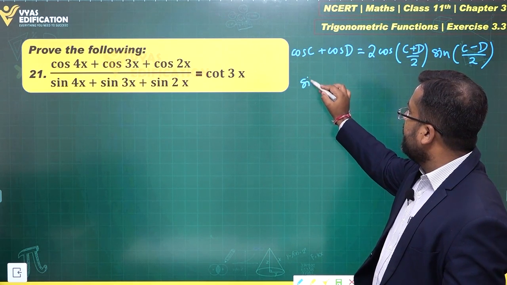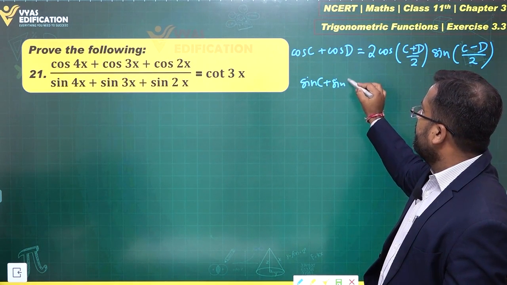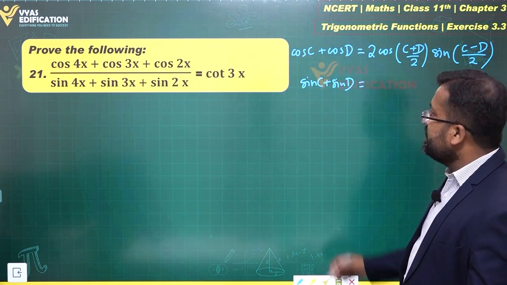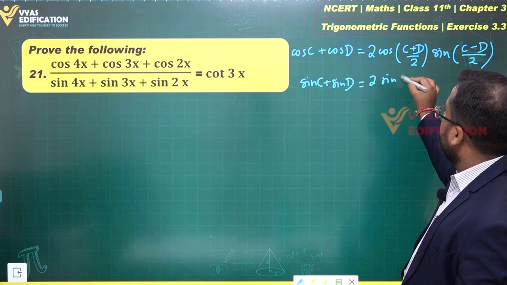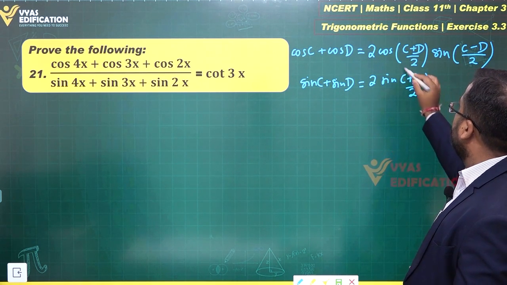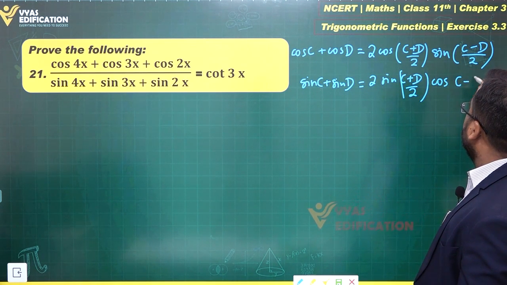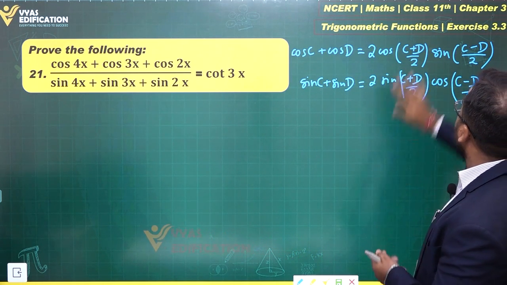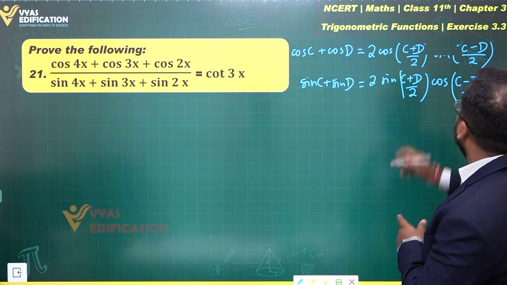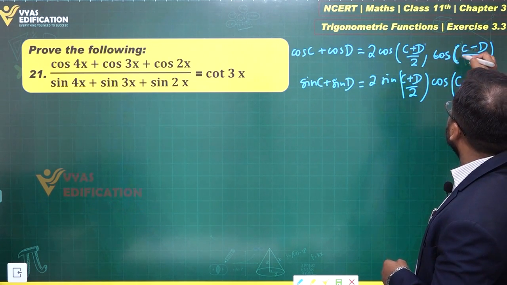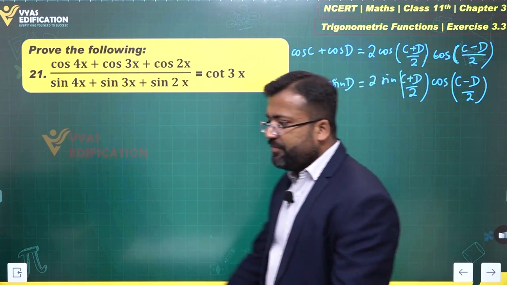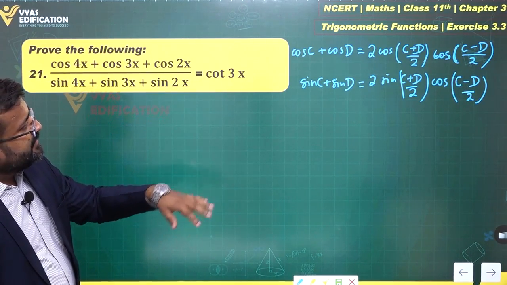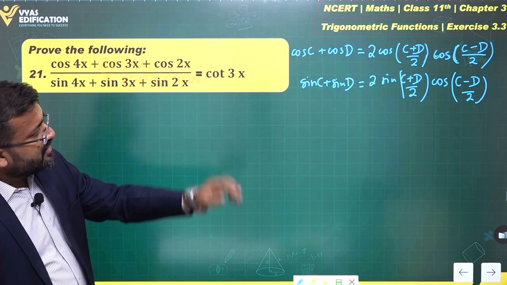Sin c plus sin d will be required in the denominator. Cos c plus cos d would have a cos over here, not a sin. Let's write the formula properly. That's not the correct formula. Cos c plus cos d is 2 cos of (c plus d) by 2 cos of (c minus d) by 2. Sin c plus sin d is 2 sin of (c plus d) by 2 cos of (c minus d) by 2.